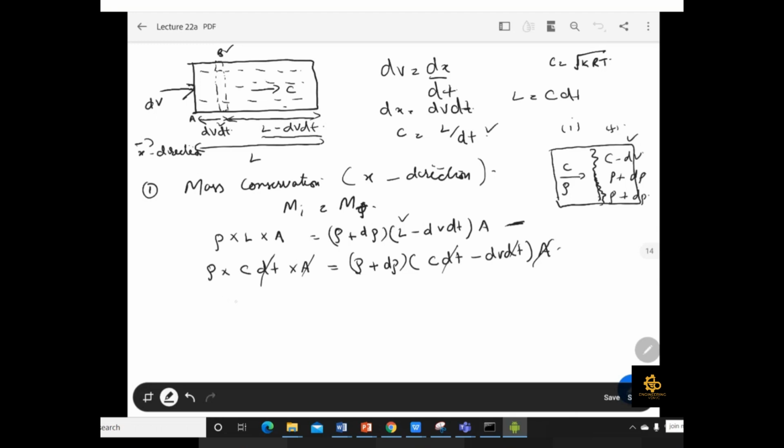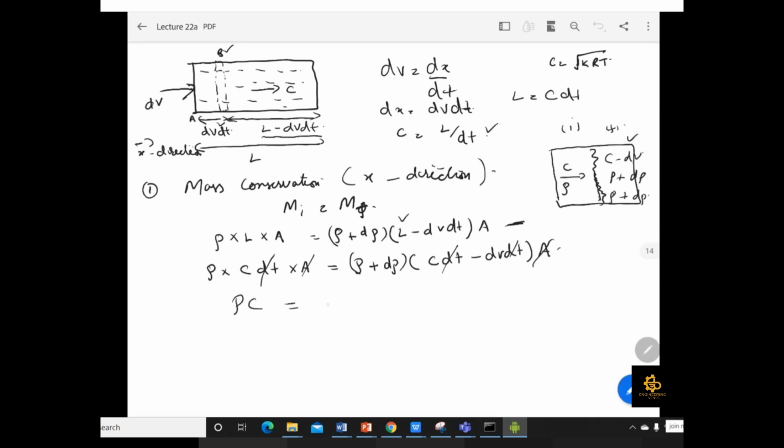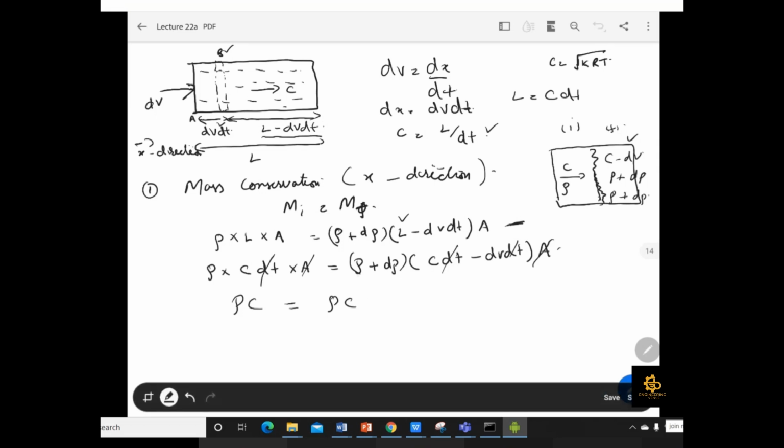So my equation becomes rho c is equal to rho c. Okay, so I am going to multiply rho plus dp with c minus dv. Before this I can write one another equation so that you will get some understanding.